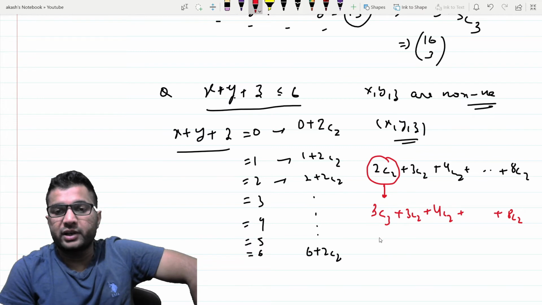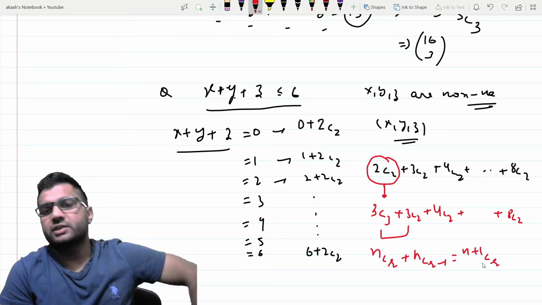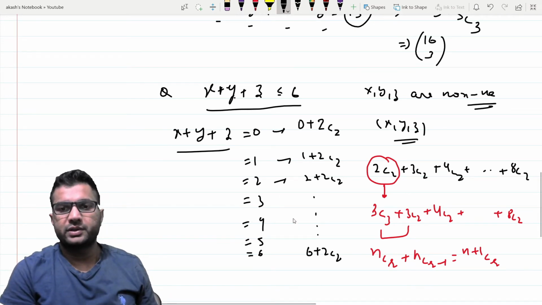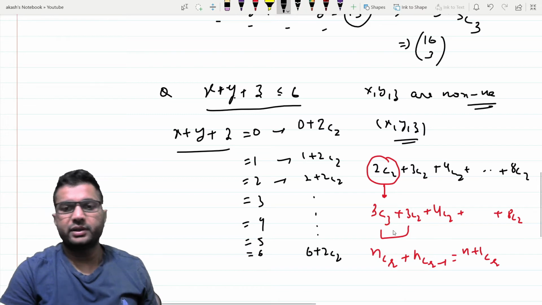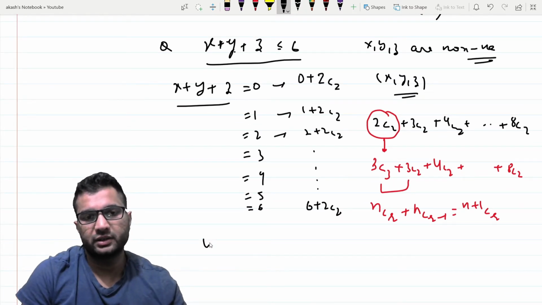Now I can use a simple property of combinatorics: nCr plus nC(r-1) is equal to (n+1)Cr, which is basically Pascal's property, a very simple property of binomial coefficients. So 3C3 plus 3C2 will be equal to 4C3.